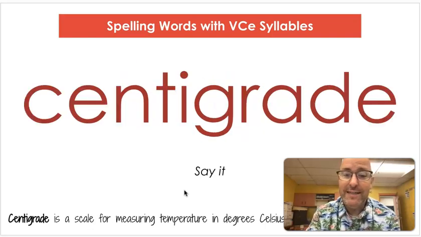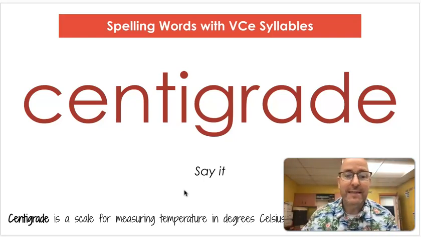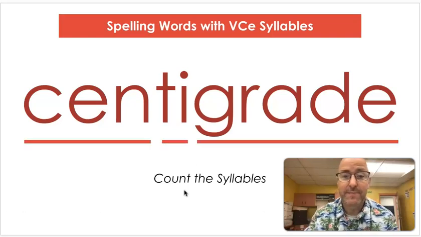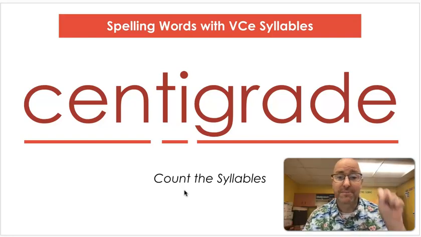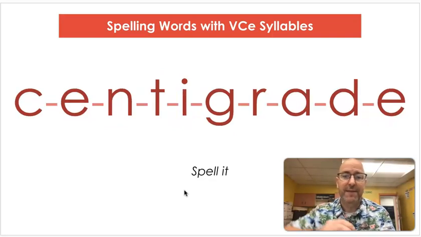Our next word is centigrade. Say centigrade. Centigrade is a scale for measuring temperature in degrees Celsius. We use Fahrenheit. Centigrade, count the syllables. Centigrade. Let's spell it.